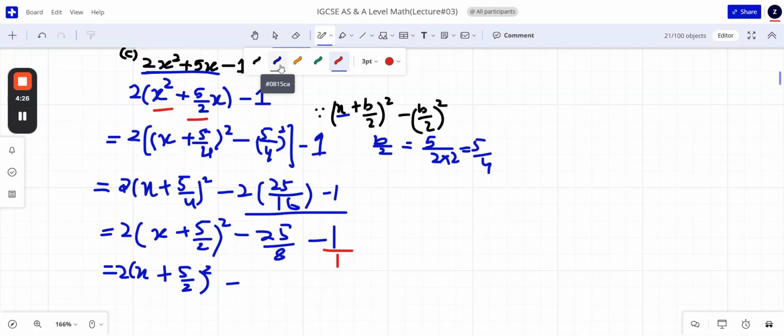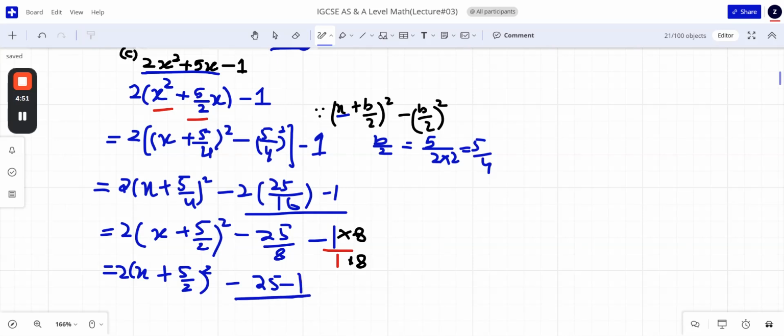How can we simplify if we have two fractions with minus and plus signs? We need to make the same denominators. So here we can make the 8 by multiplying with 8 and dividing by 8. Now we have the same denominator, so the top values we will write the same, minus 25 minus 1 divided by 8.